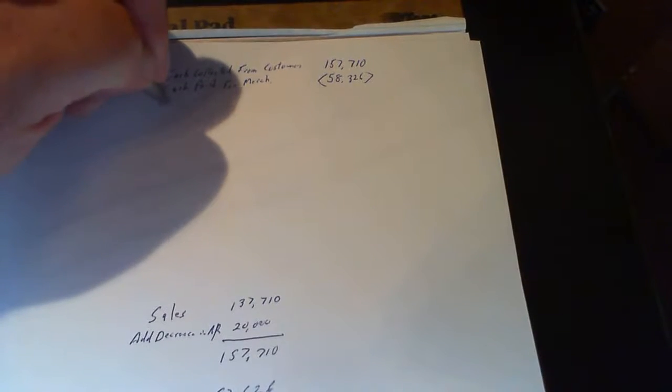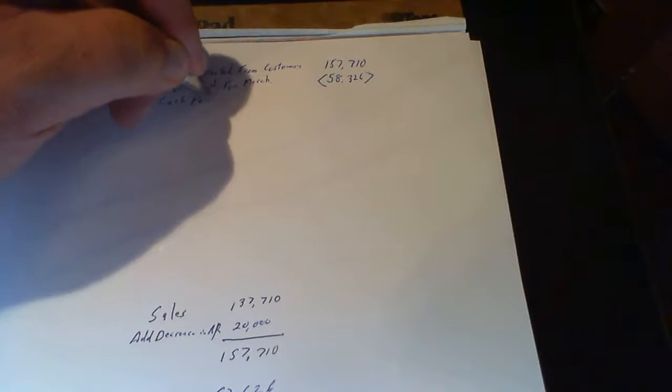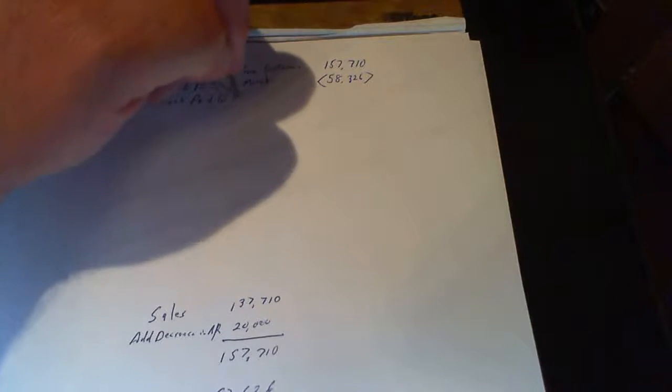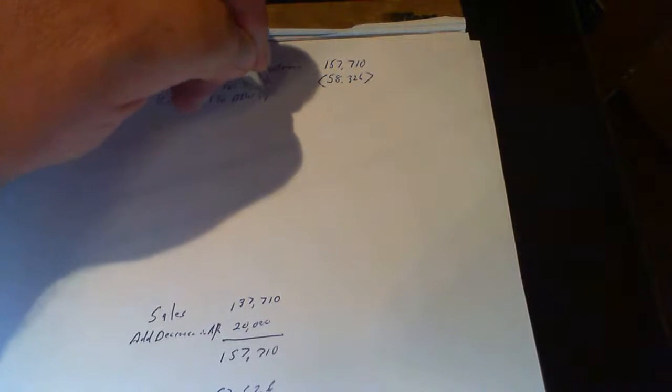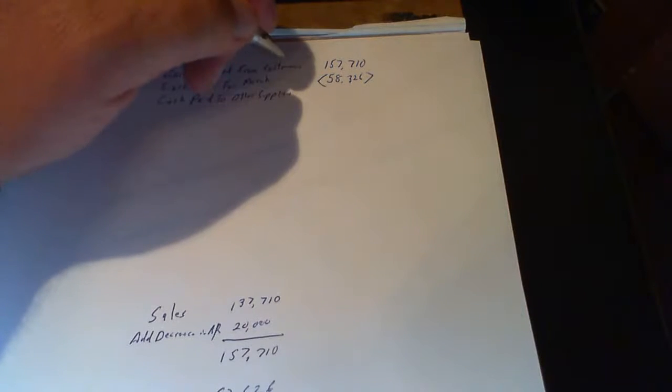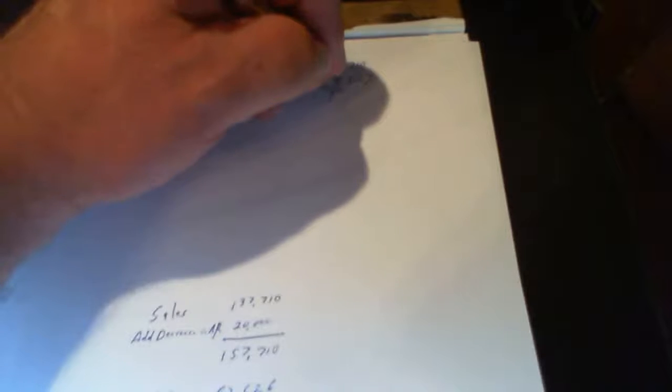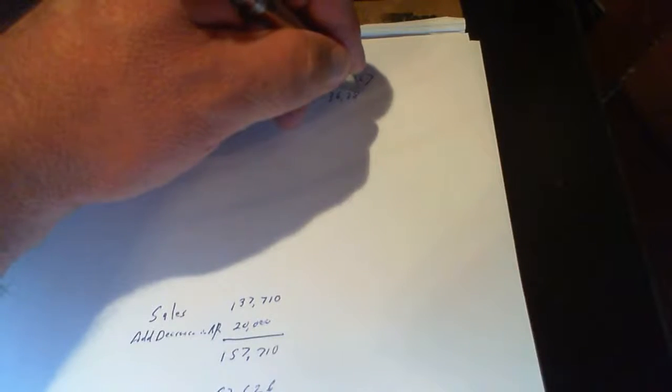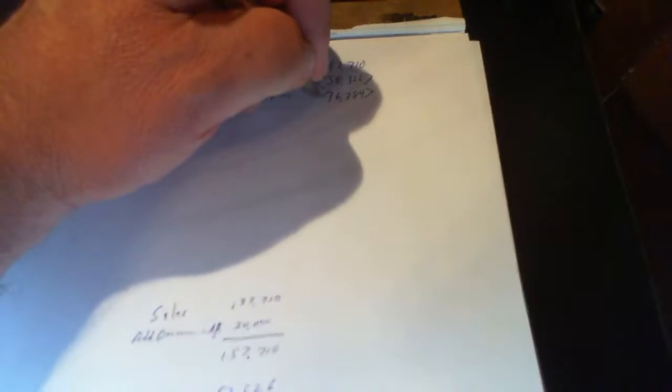So then I bring that back up, cash paid to other suppliers, the 36,384. Next, I'm going to have the cash paid for interest.